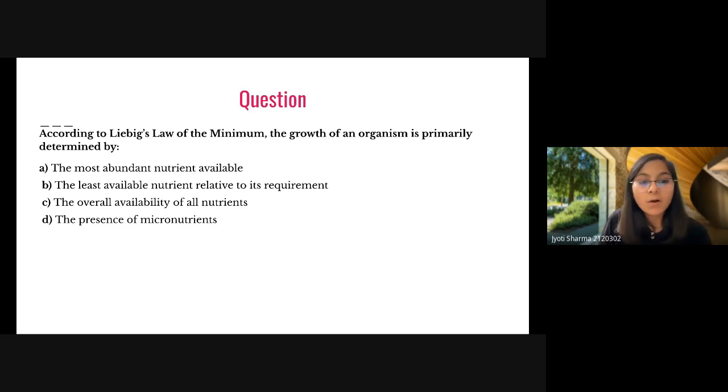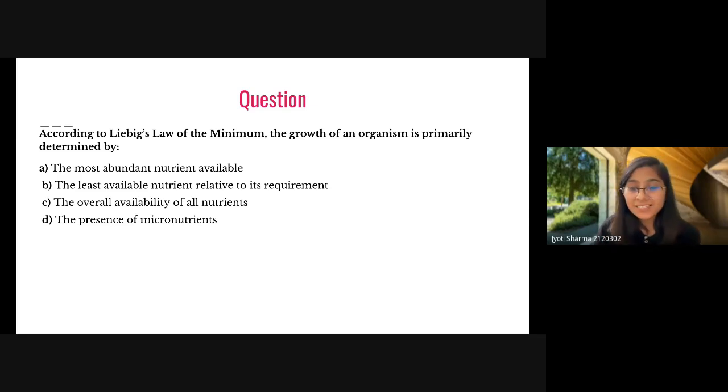C is the overall availability of all nutrients, and D is the presence of micronutrients. So what do you think? The nutrient that is in high concentration, the nutrient that is least available, the overall availability of all nutrients, or the presence of micronutrients.